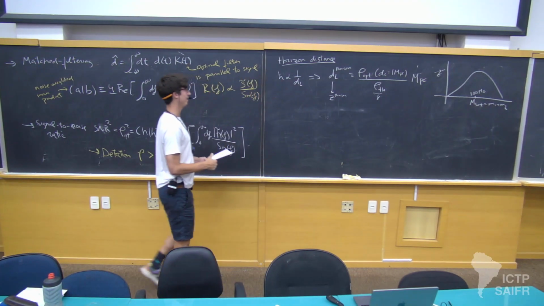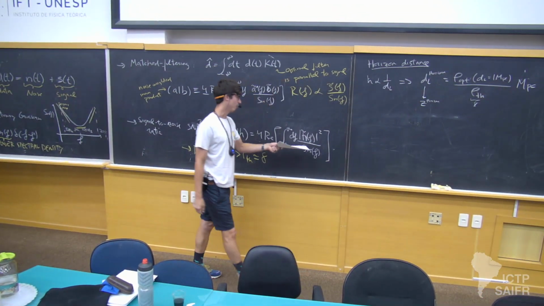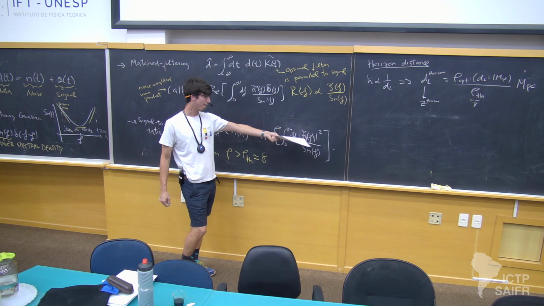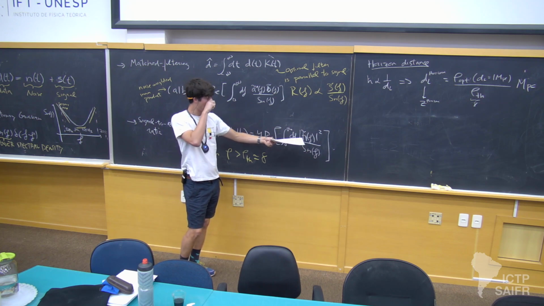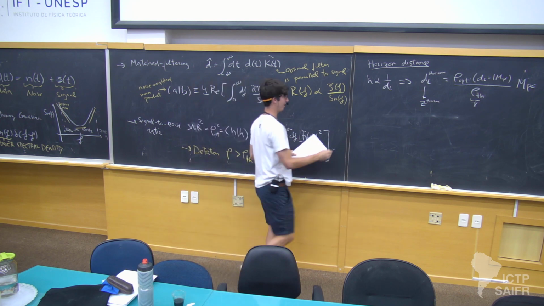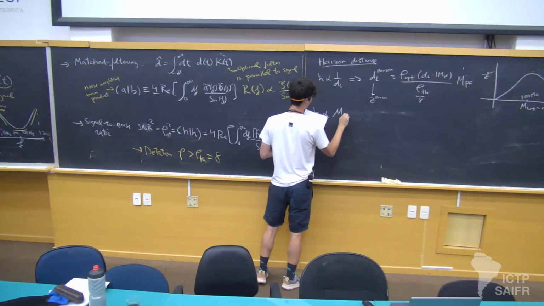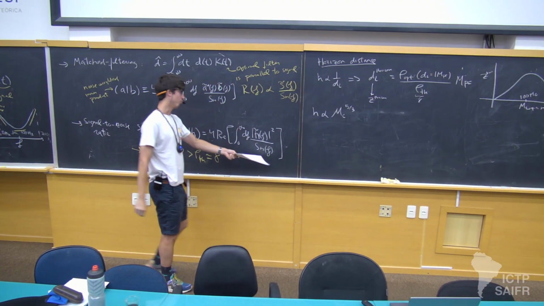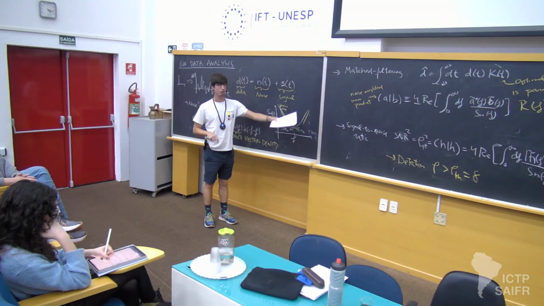That's because the horizon distance comes from the signal to noise, which comes from the ratio of the amplitude and the noise. So the amplitude, we saw that h was proportional to the redshifted chirp mass to the 5/3. And then we also have this sensitivity curve.